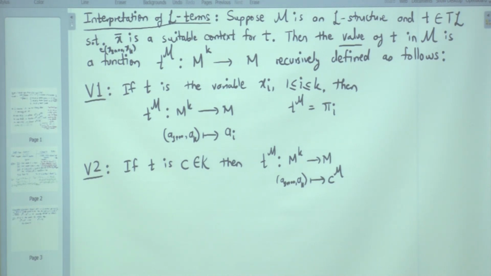So it's a constant function. I am again writing: t^M is the constant function with value c^M. If the polynomial is 1, then you will simply map it to 1. No matter what input is given, it's always the same value. Any questions? Okay.